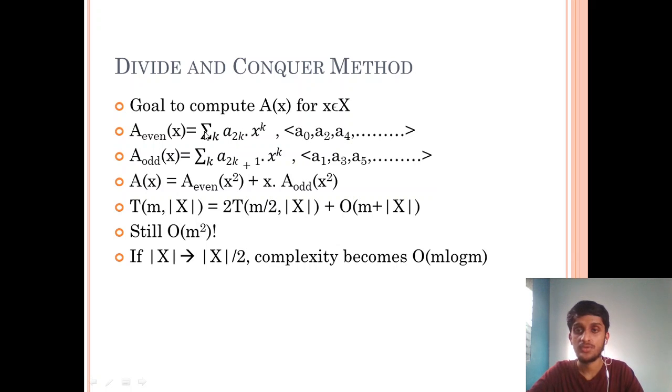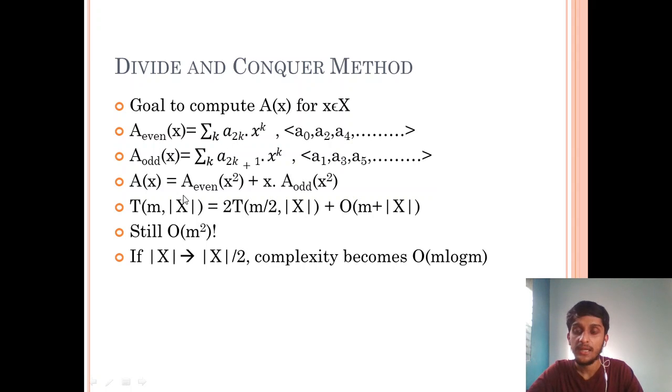This would correspond to all the even powers of x. For the odd powers we can square it too, but there is one remaining, so we can multiply x outside. So we can represent A as a sum of two different parts, the even coefficients and the odd coefficients.